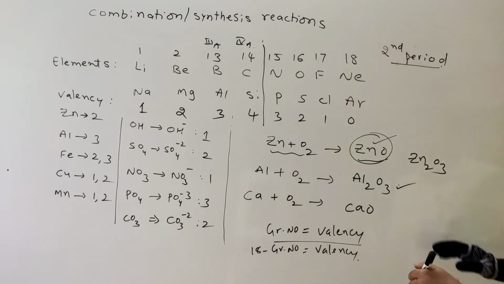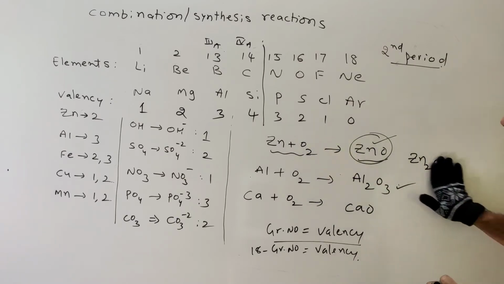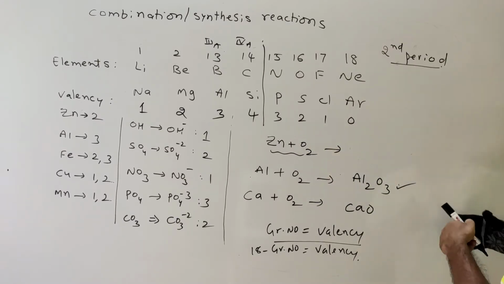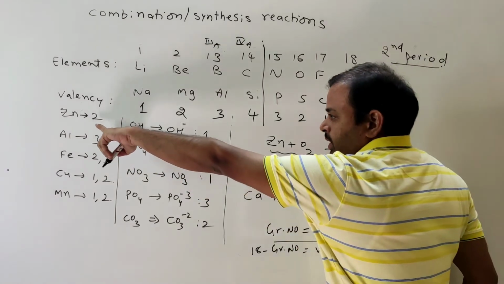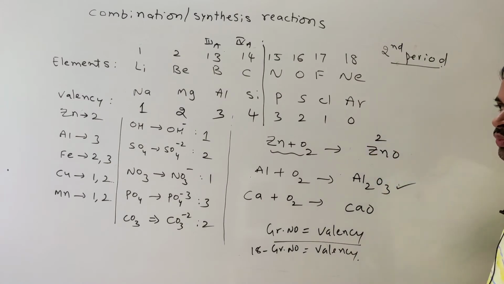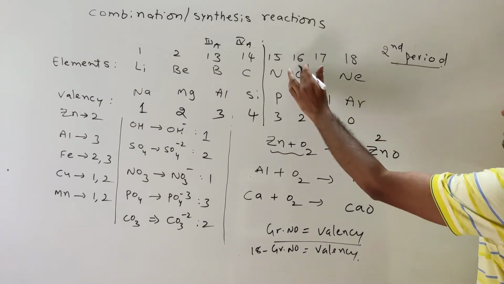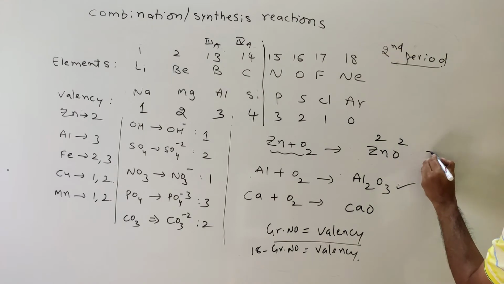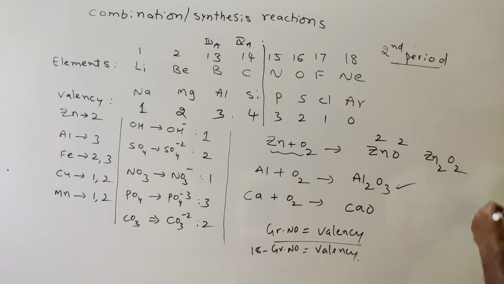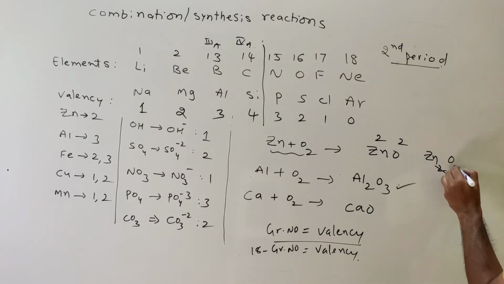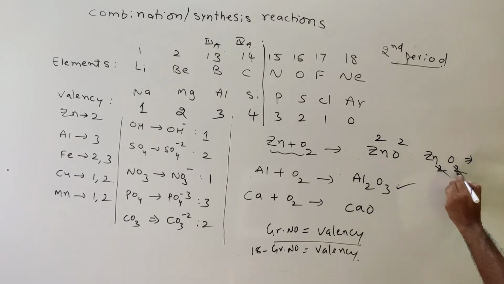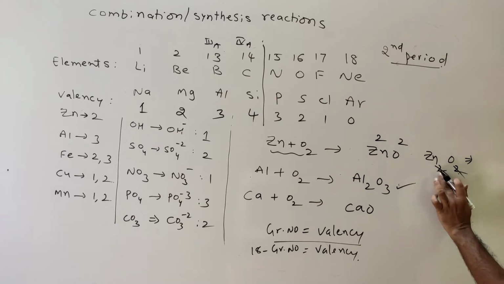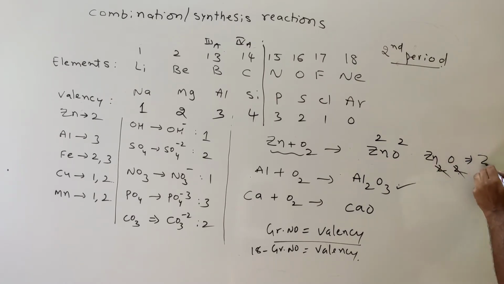Zinc plus oxygen gives zinc oxide, ZnO. What is the zinc valency? 2. Now oxygen valency is also 2. So we write Zn2O2. As these two are the same, no need to mention them; they get cancelled, so just write ZnO.